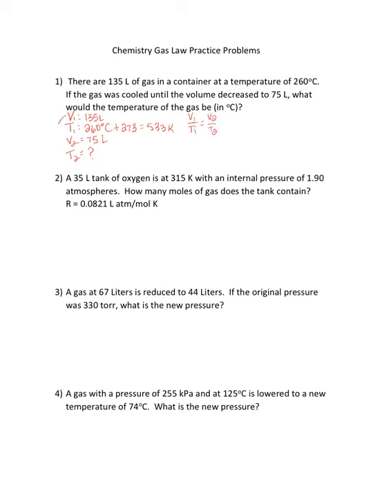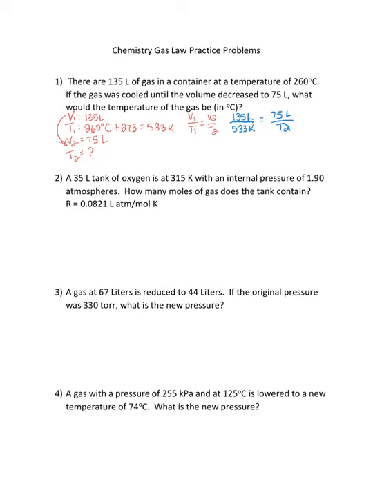Since our volume is going down, we should expect our temperature also to go down. When we plug in our values for volume and temperature, we get V1, 135 liters, over T1, 533 K, equals V2, 75 liters, over T2, which is what we're solving for.